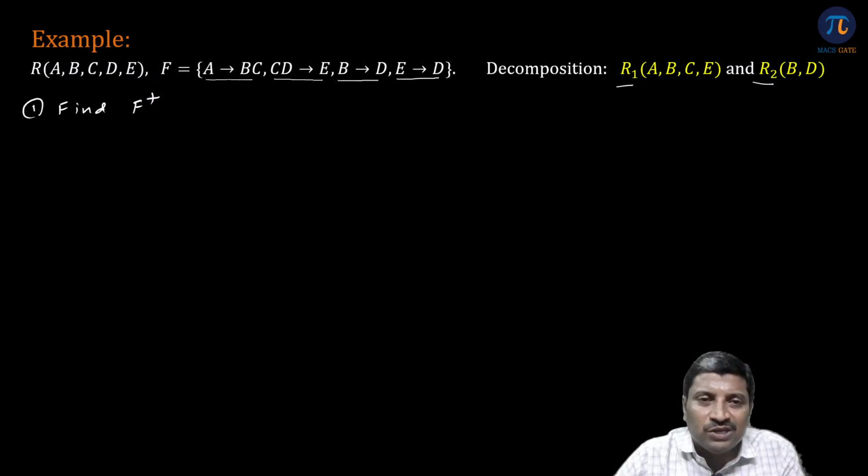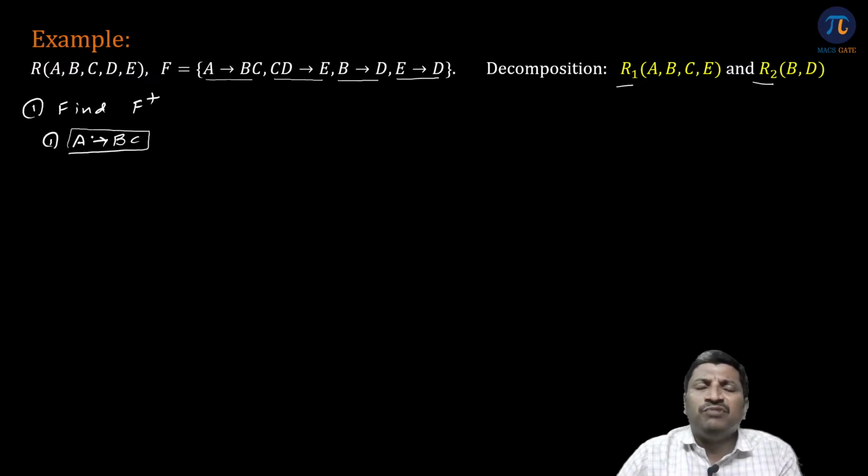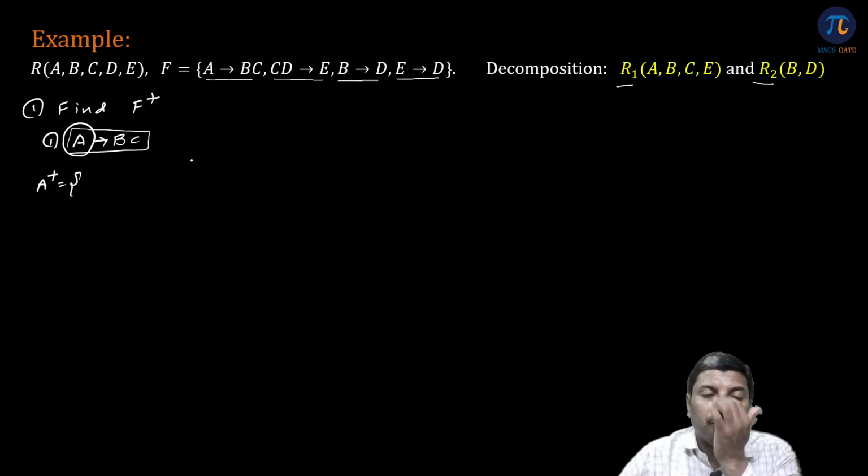To find the closure, I will give a simple trick, sir. Consider the first FD. What is the first FD? A implies BC. So what we do is we identify all the FDs in which the left side is A. For that, what we need to do? Find the closure of A. What is the closure of A with respect to this one, sir?